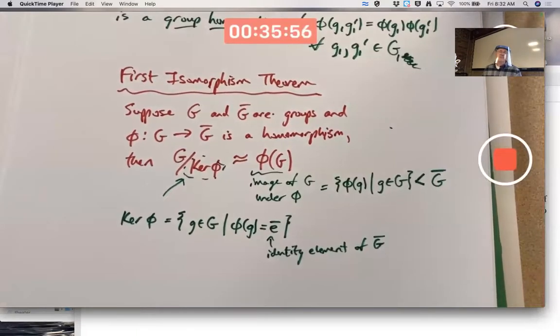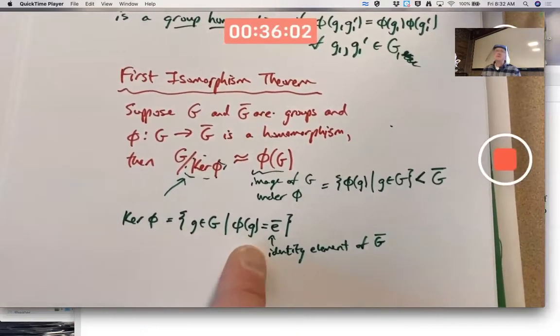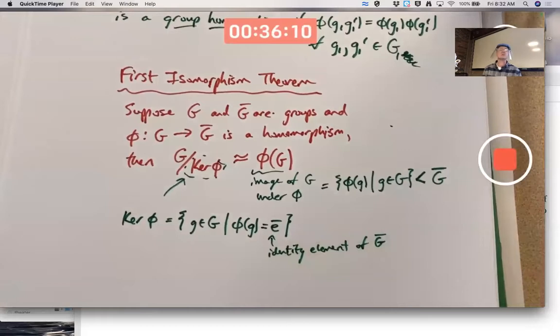If we were talking vector spaces here, if G and G bar were vector spaces where the operation is addition, it'd be the set of everything in G that gets mapped to the zero vector. Kernel of a linear transformation. Linear transformations are group homomorphisms under addition. They are operation preserving. If you look back in your linear algebra book, at the definition of a linear transformation, you'll see it says T of U plus V equals T of U plus T of V. That's operation preserving under addition.